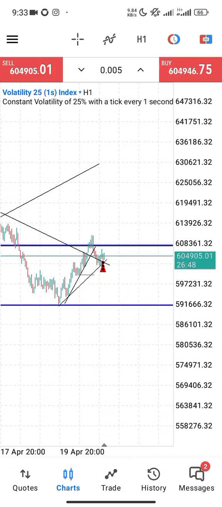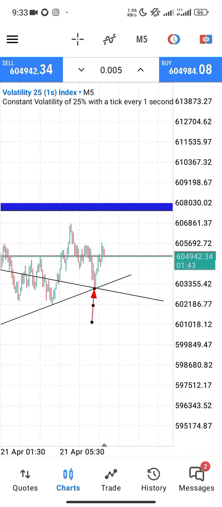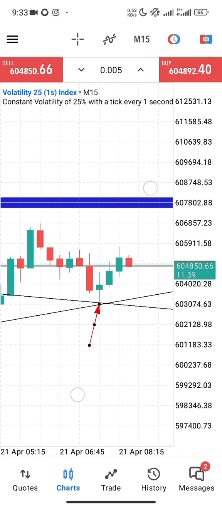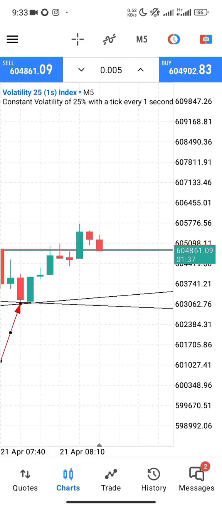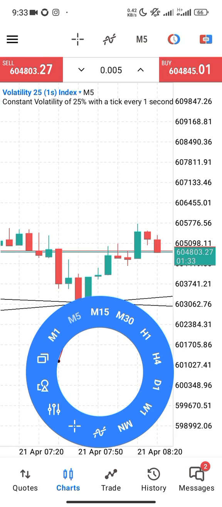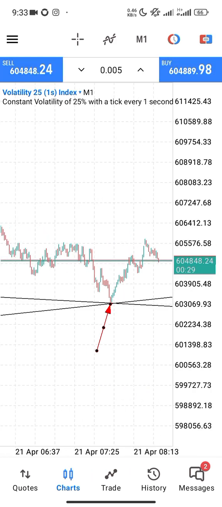So guys, this strategy works so well, and we can use it to grow our small account into something meaningful. You can see that if you take 2 to 3 trades, you are up already. And we are not stacking at all.